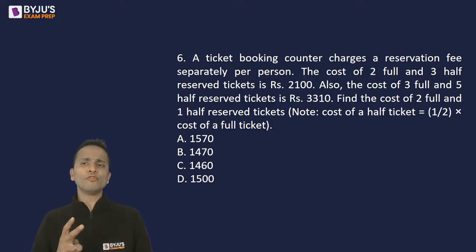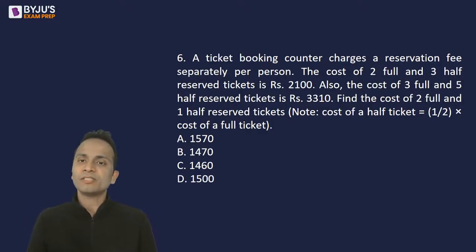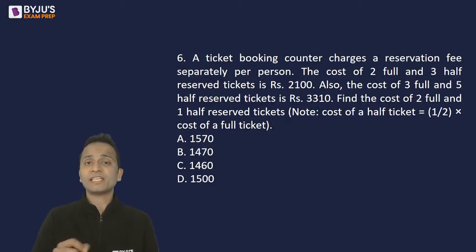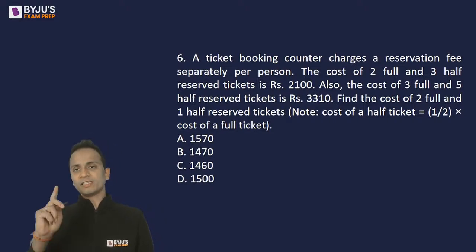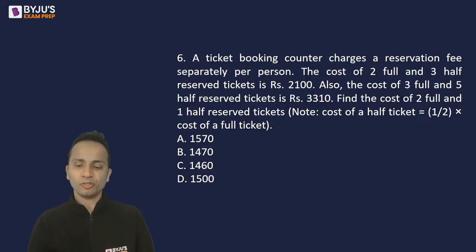The cost of 2 full and 3 half reserved tickets is 2100, and the cost of 3 full and 5 half reserved tickets is rupees 3310. Find the cost of 2 full and 1 half reserved tickets if it is given that the cost of a half ticket is half the cost of a full ticket. So the cost of ticket is half for a half ticket and obviously full for a full ticket, but the reservation charges need to be paid for every ticket separately per person.